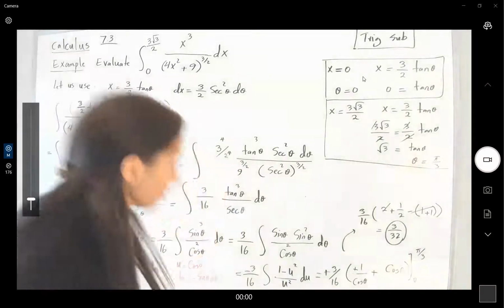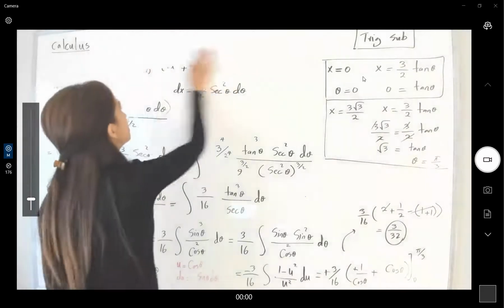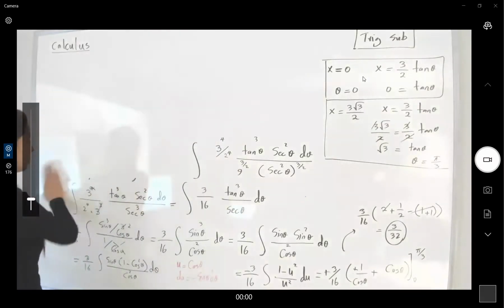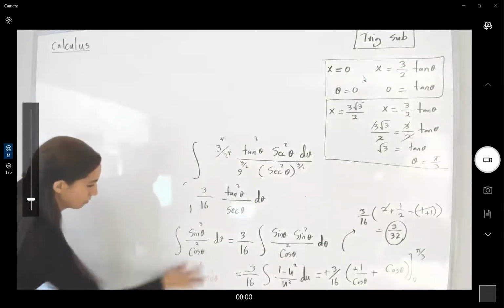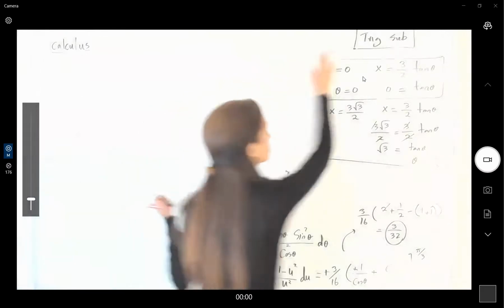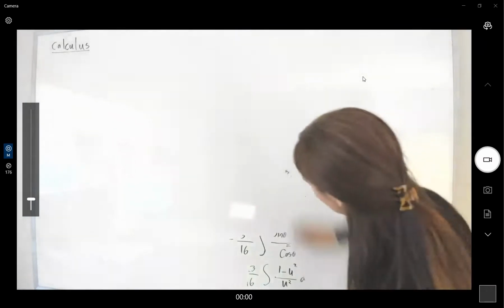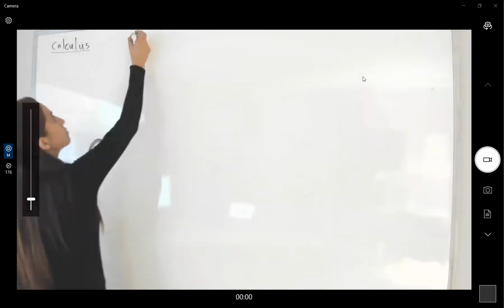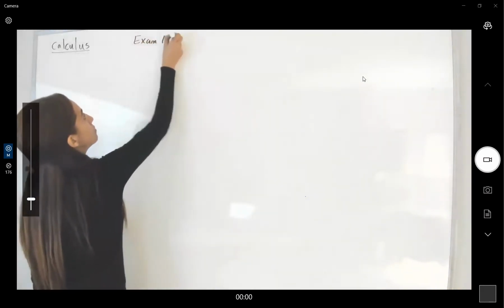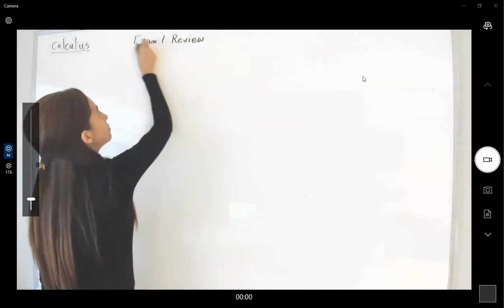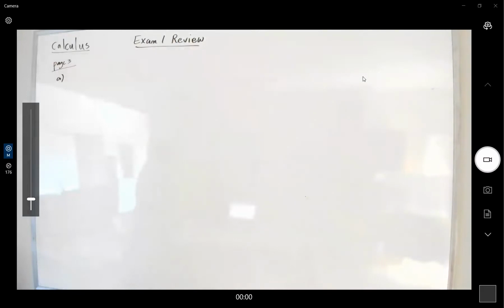So for example review, this is page 3, part A. So it says, take the integral with respect to x.